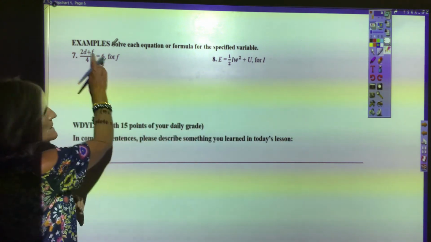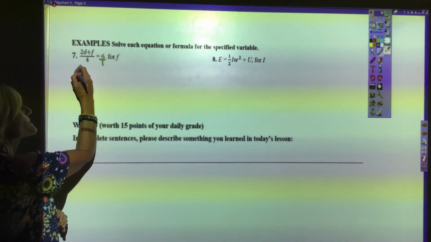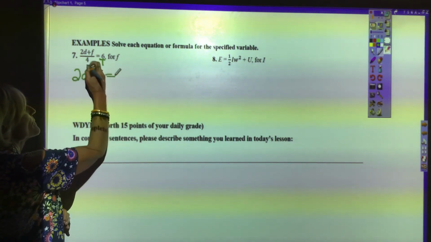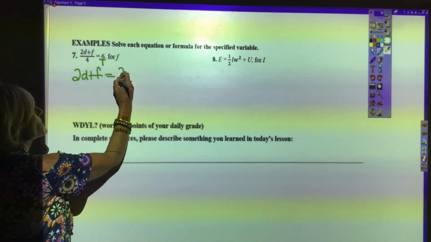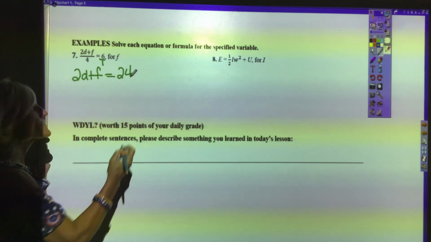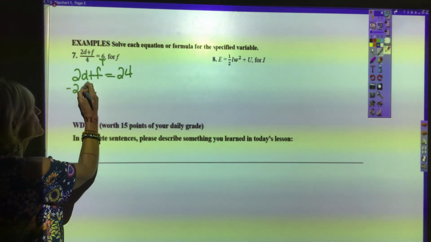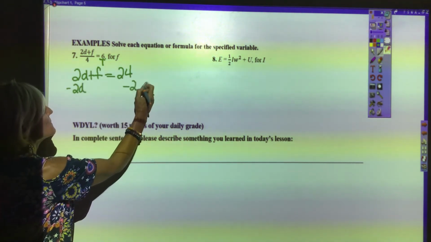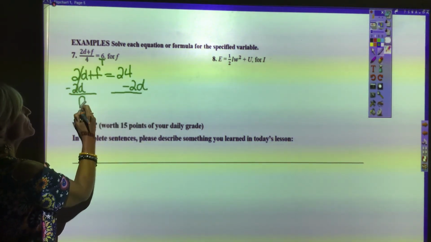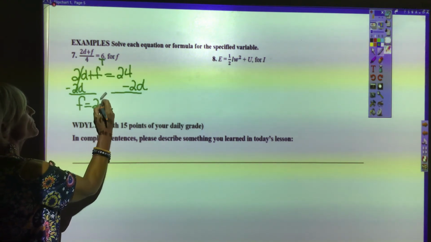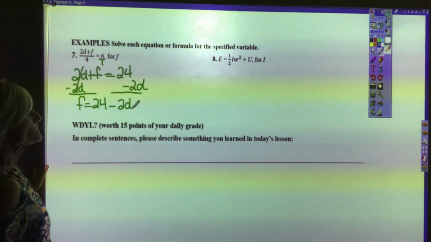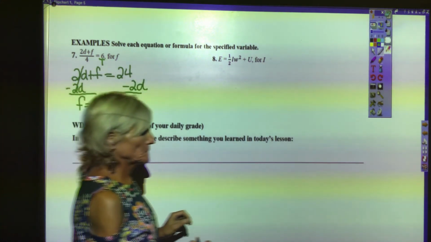So you're taking 1 times 2d plus f, which would still be 2d plus f, and then we're taking 4 times 6, which is 24. And we're solving for f, so we're going to subtract 2d from both sides. F will be equal to 24 minus 2d.